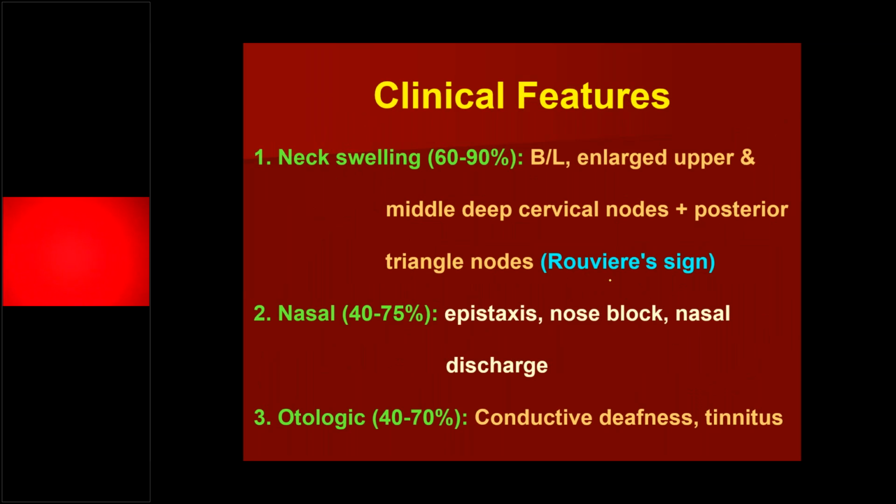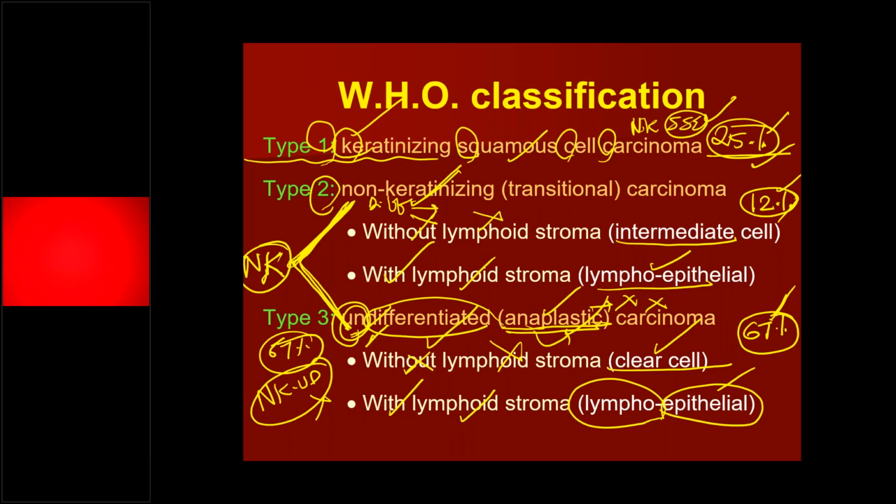Anyhow, we are not going to go into the details of it once again. This one is called Regaud type. It is given in your book. You don't need to worry. Then anaplastic carcinoma, I already told you. Clear cell carcinoma can be there with lymphoid stroma.